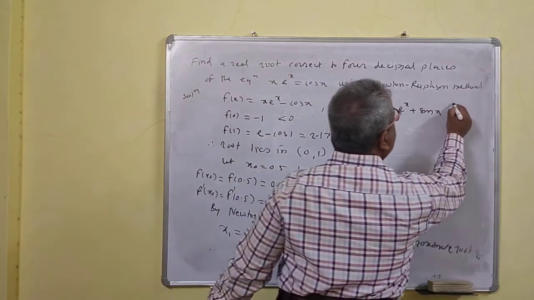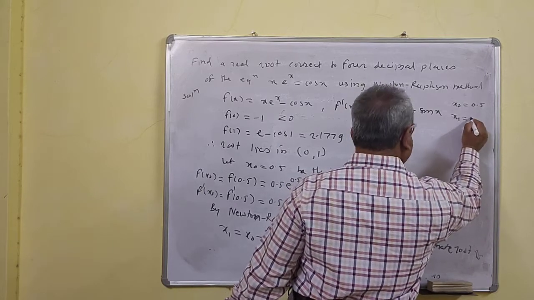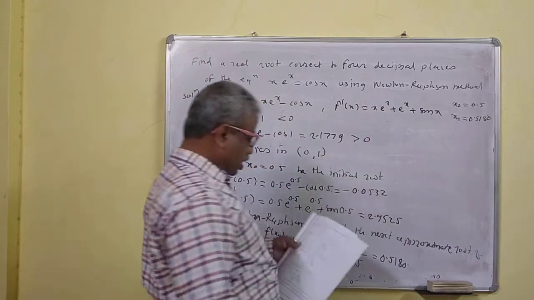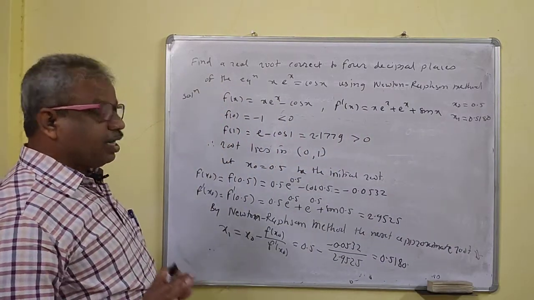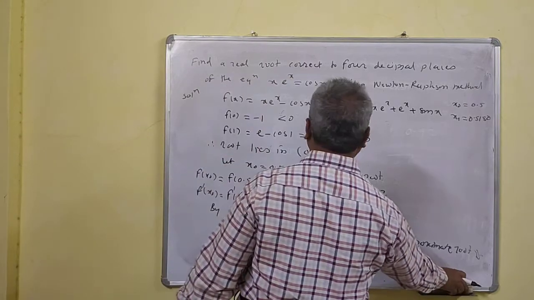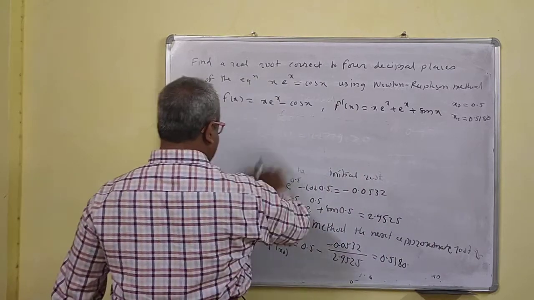Okay. So now your x0 is 0.5 and your x1 is 0.5180. Okay. So we have to find the root correct to 4 decimal places. So now we will find f of x1 and f prime x1.